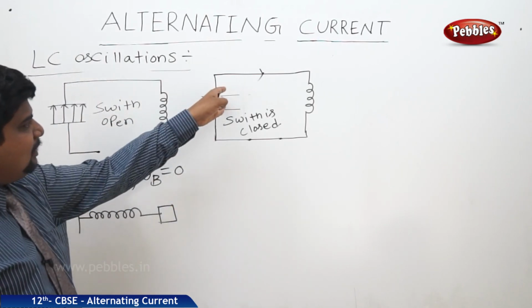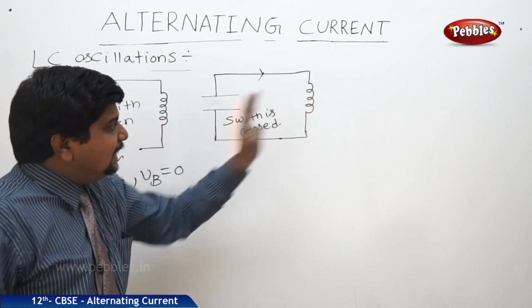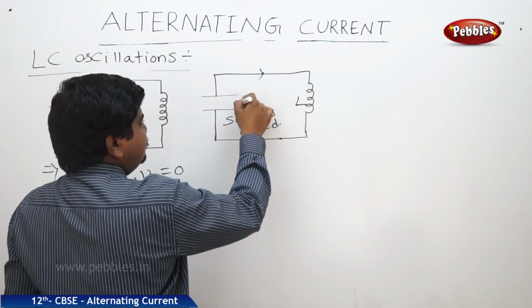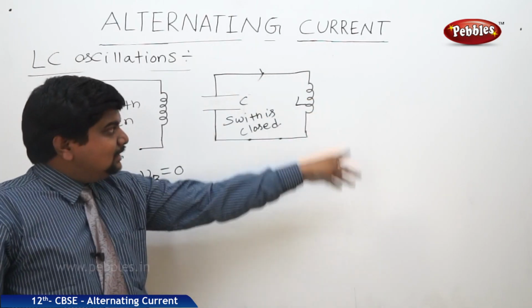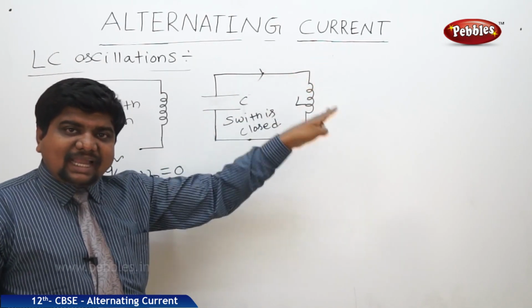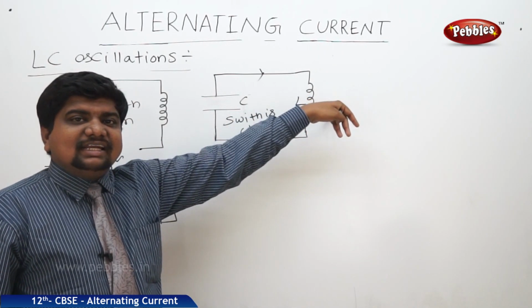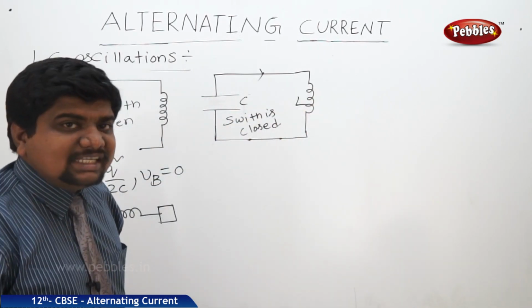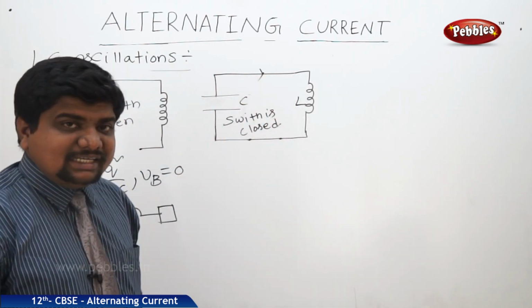Discharge means some of its charge, which is already stored inside it, transfers to the inductor. Whenever an inductor receives the charge, a magnetic field is created inside the inductor. Therefore, the energy stored inside the inductor is half L i square. It is due to the induced magnetic field inside the inductor.